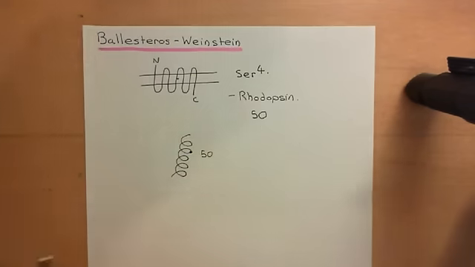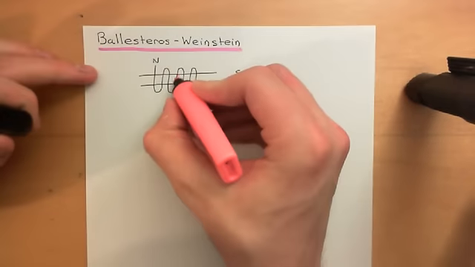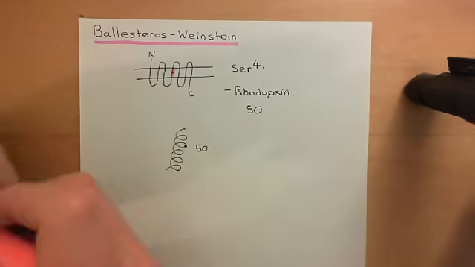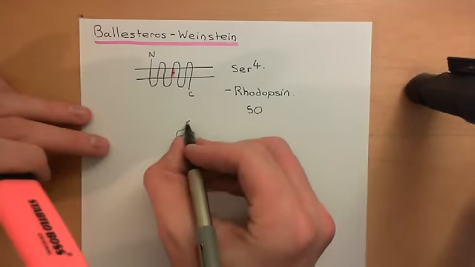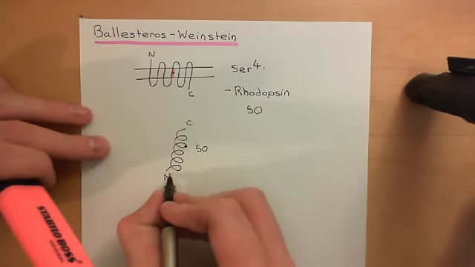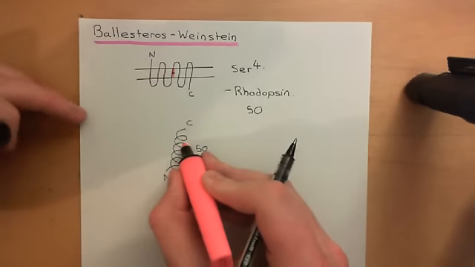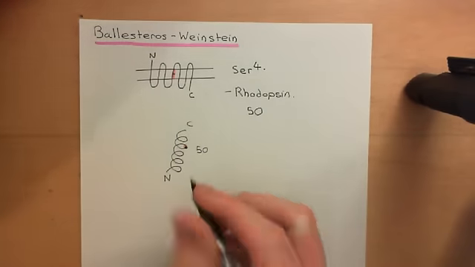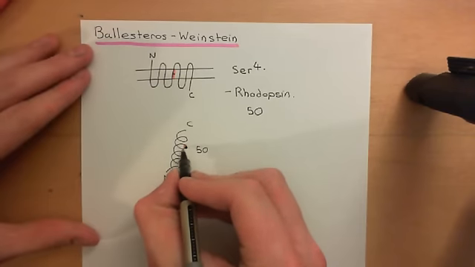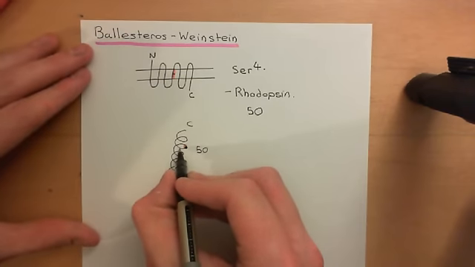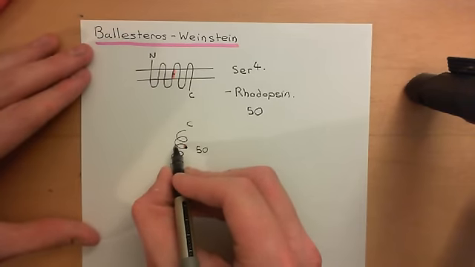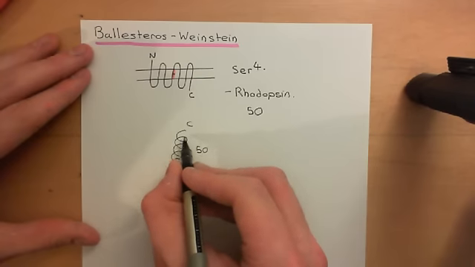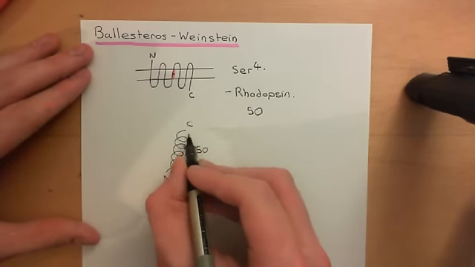If we're talking about the 4th membrane spanning alpha helix here, the C terminus is upwards, so the C terminal end is this side, and the N terminal end is downwards. That means if we went to the next residue along after this 50th one, we'd call that 51, then the next one along 52, 53, 54, 55, 56, etc.